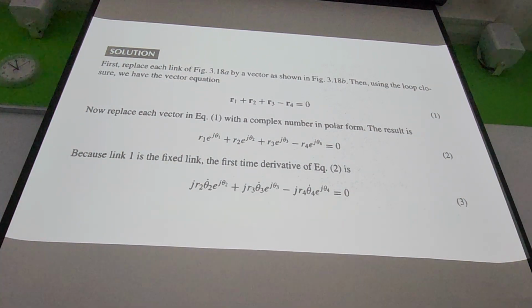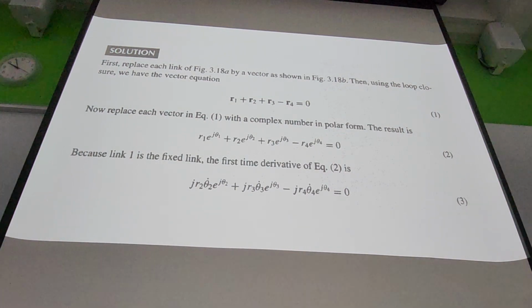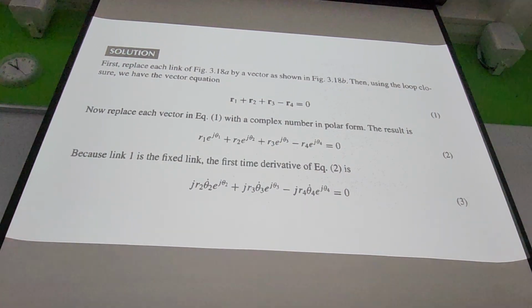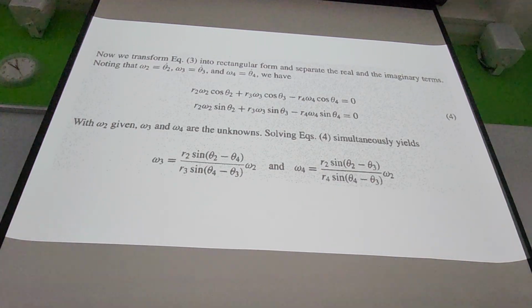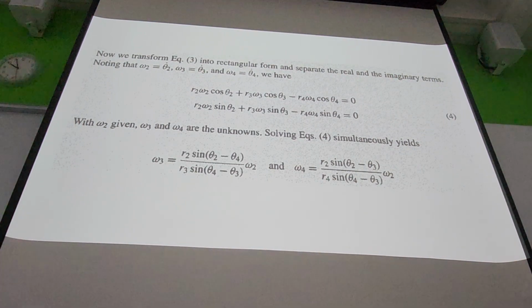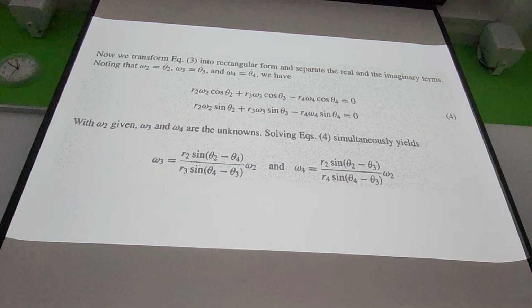Okay, now you take the derivative of this equation. The derivative of e power i theta is i theta dot into e power i theta. So you just take the derivative, you can write like this. Then you can convert this into rectangular form, so take out the real components and imaginary components separately.